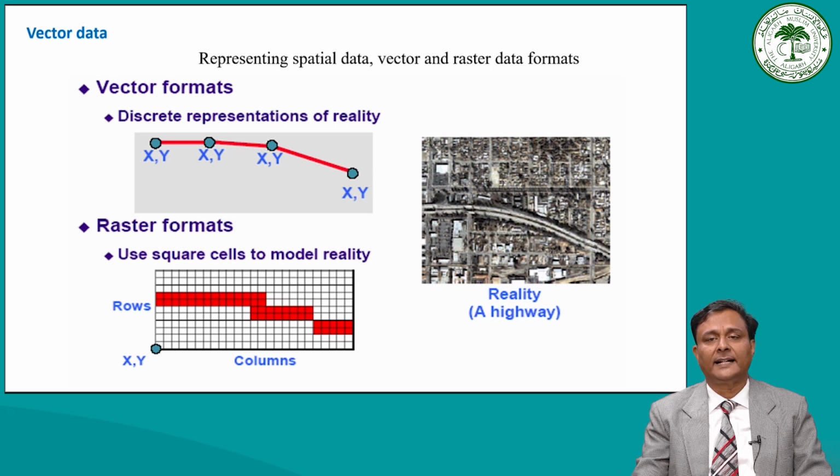Just to emphasize again the main difference between raster and vector data: raster data is represented as a cell or a grid matrix, while vector data represents data using sequential points or vertices. That's the major difference between raster and vector data, which is very clearly evident in this diagram that I am presenting before you.